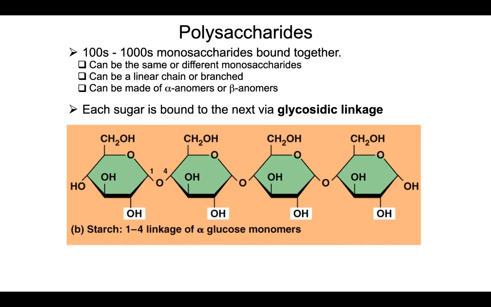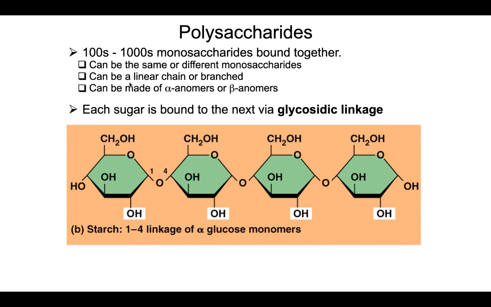Okay, polysaccharides now are sort of like disaccharides taken to the extreme. It's adding those monosaccharides over and over and over again. So you've got hundreds or thousands of monosaccharides that are bound together. Sometimes they can be the same monosaccharide over and over again. Sometimes they can be different monosaccharides.